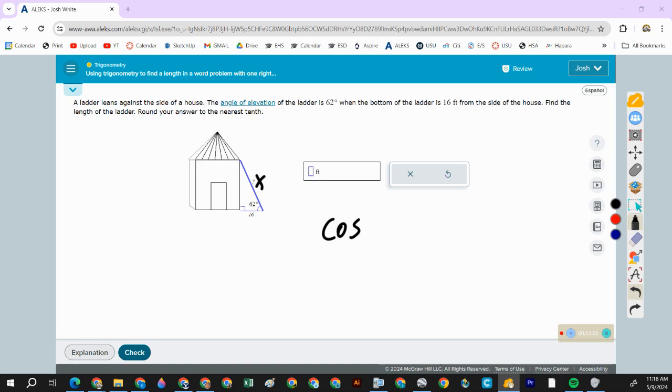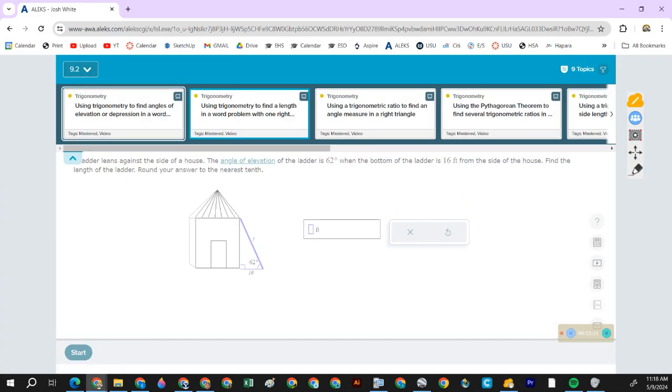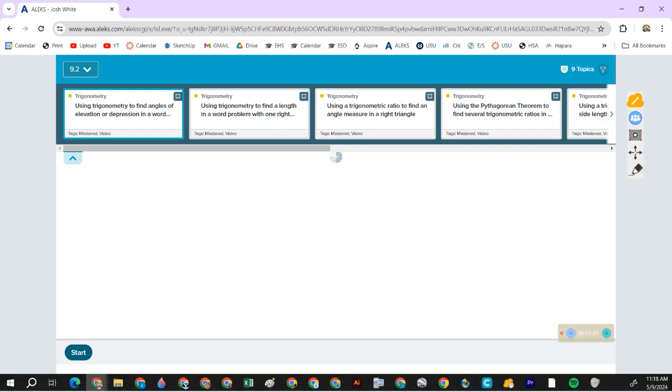So the cosine of 62 is x over 16. Is that a multiply or a switch? Multiply. So 16 cosine of 62 is x.